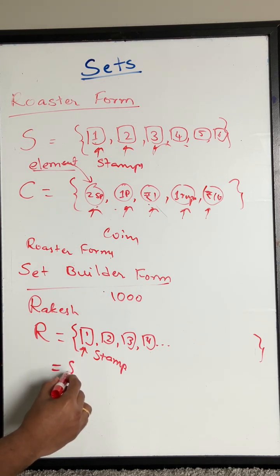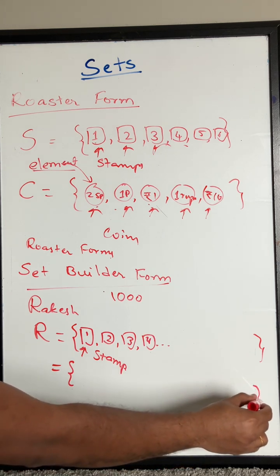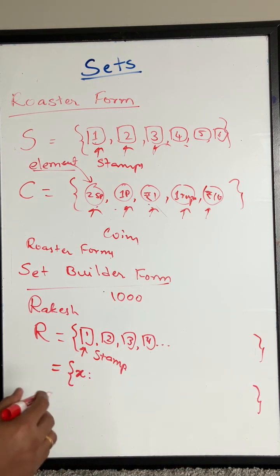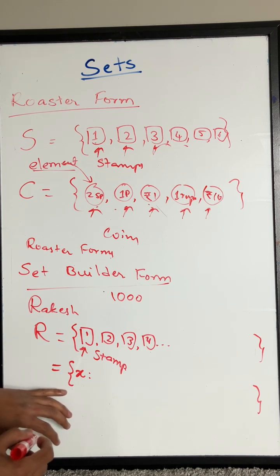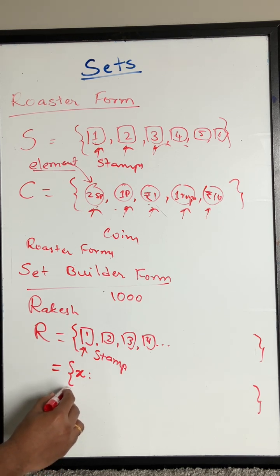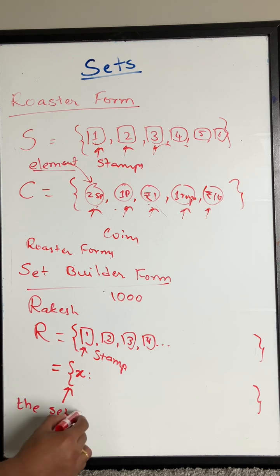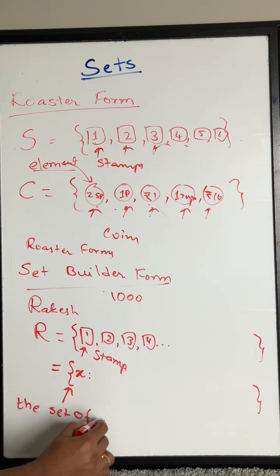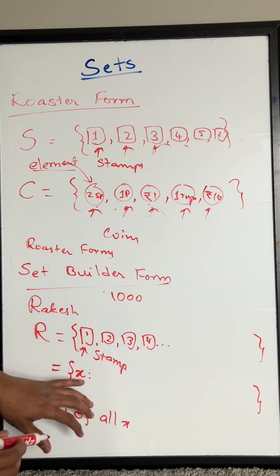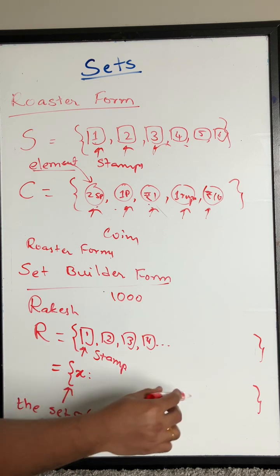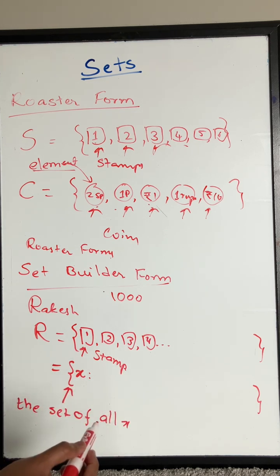The curly brackets are the same, but we write the definition. The curly brackets are the set. The set of what? All x. This is the set of all x. x is nothing but a stamp, right?